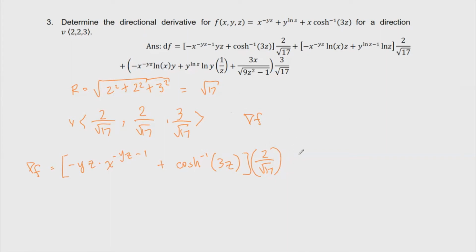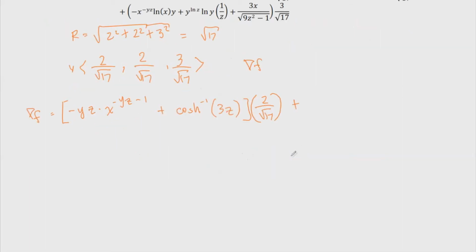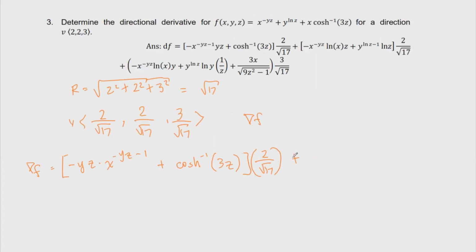And then plus, we add the expression wherein we take the partial derivative of f with respect to y. So this one, y becomes the variable. We have x raised to negative yz, and then we just take the ln of our base and the derivative of yz, which is z, or it should be negative z, so we add the negative here.